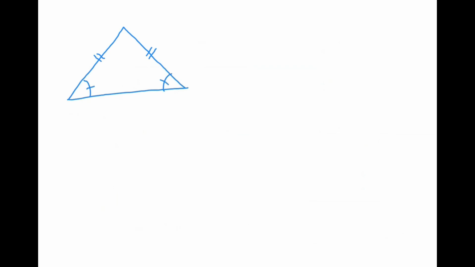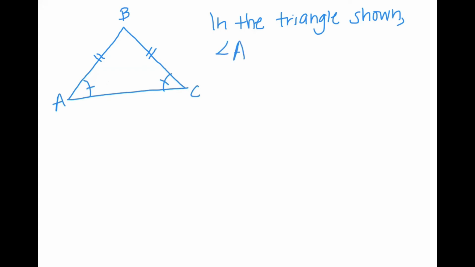So if it tells us in the triangle shown, A, B, C, angle A is equal to... okay, so in this first question, we're going to focus on the angles, okay?